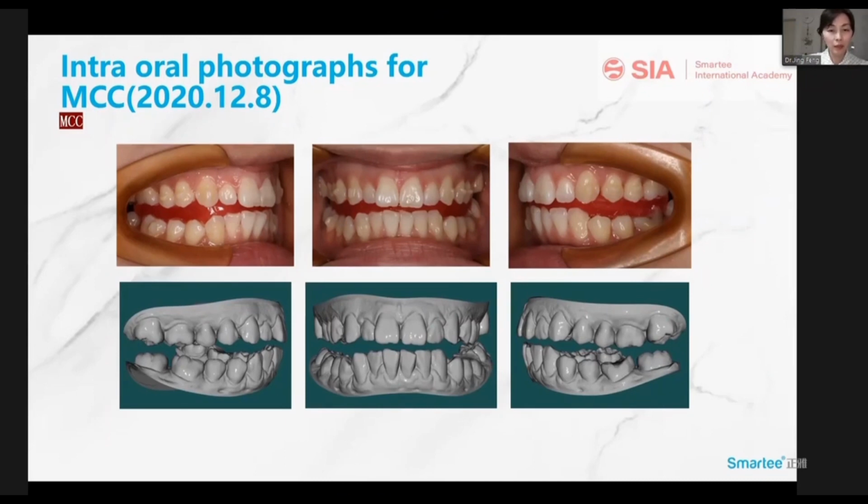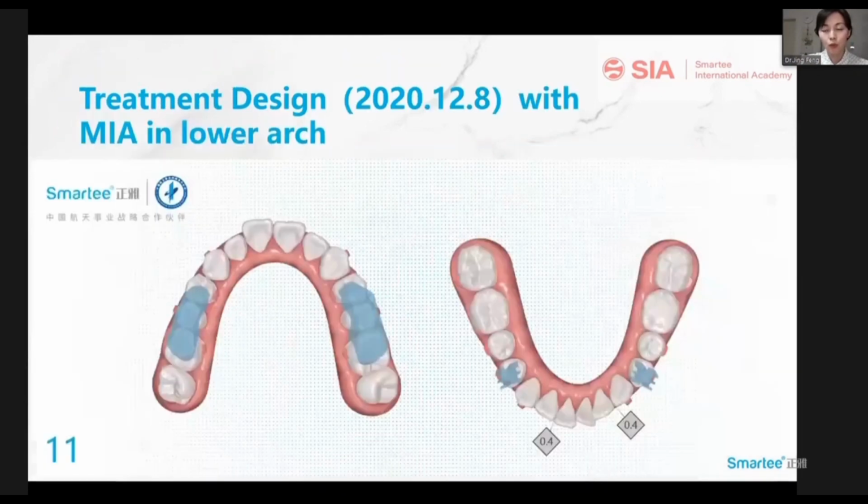You can see the animation. The upper arch was expanded further, and the lower molars moved backward with the assistance of MIA on both sides.